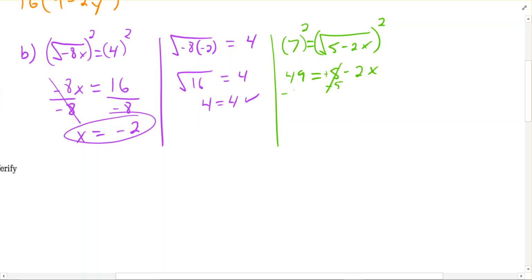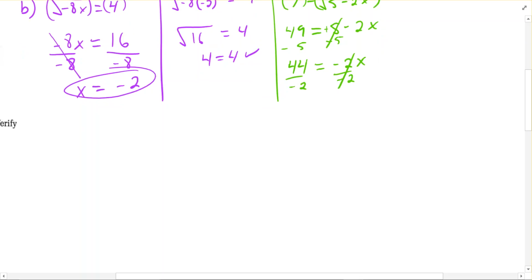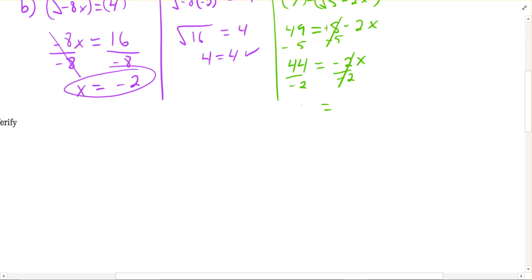So minus 5, minus 5. So what we have now is 44 is equal to negative 2x. Last thing to do, divide by negative 2. Divide by negative 2, and we get x is equal to negative 22.